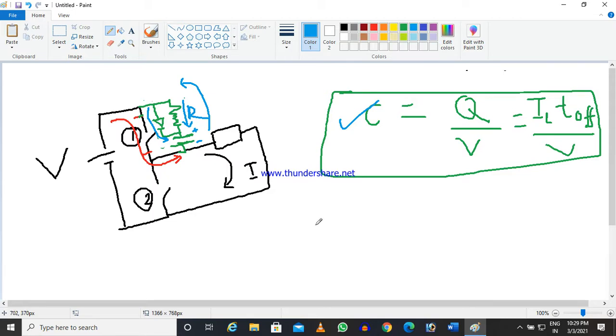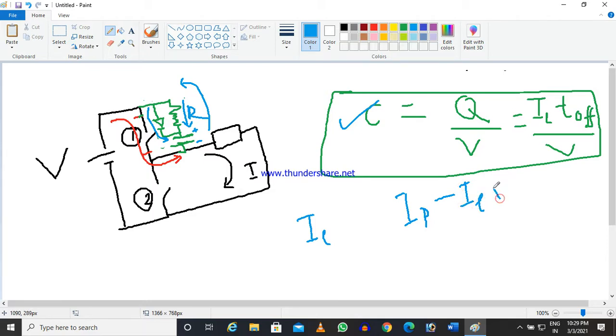Now say your load current is IL. Now your peak rating of the transistor is IP. Now the balance current is this one.